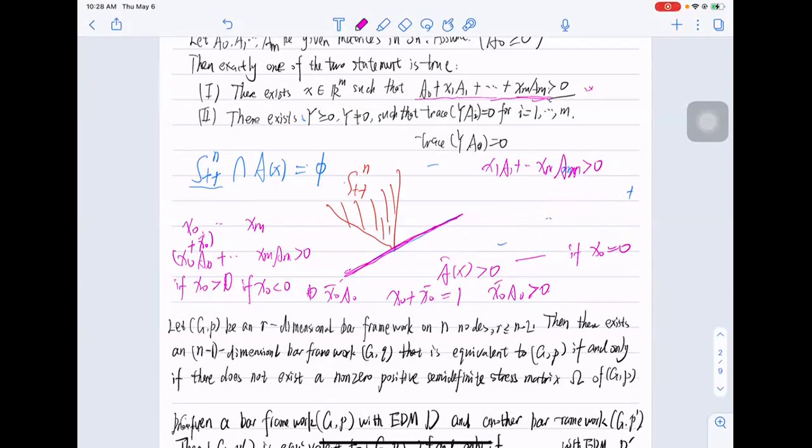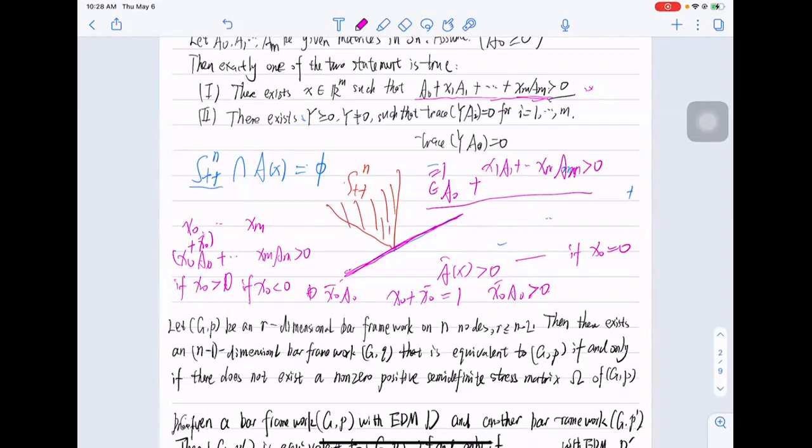Then I can add a very small epsilon A0, and because this is very small, this thing will still be positive definite. Then I scale it so this becomes 1, and then I get a contradiction.